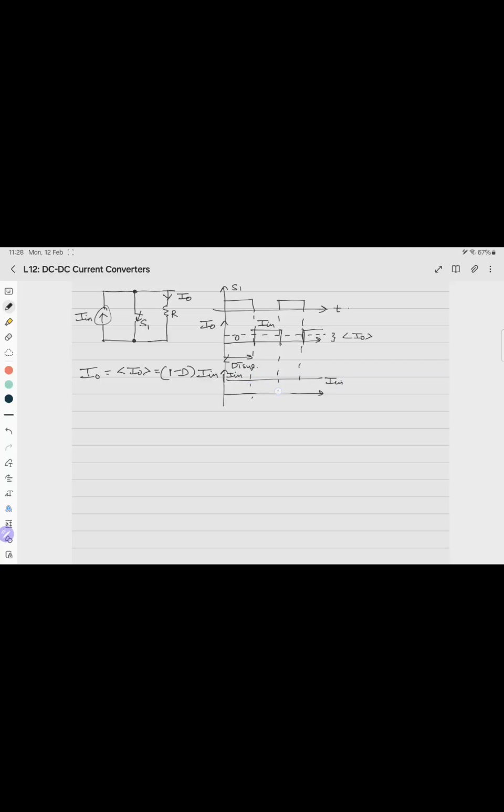So this I in waveform is basically chopped off, and only the portion in the 1 minus D times T switching time goes to the load. So I naught is 1 minus D times I in. This is the basic current converter.